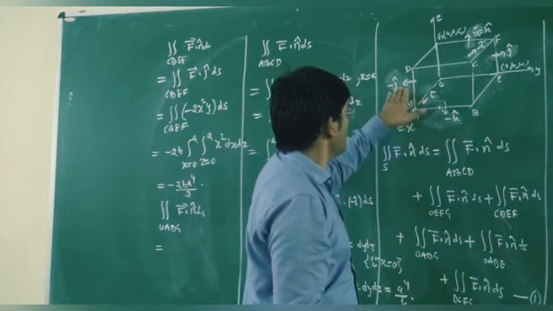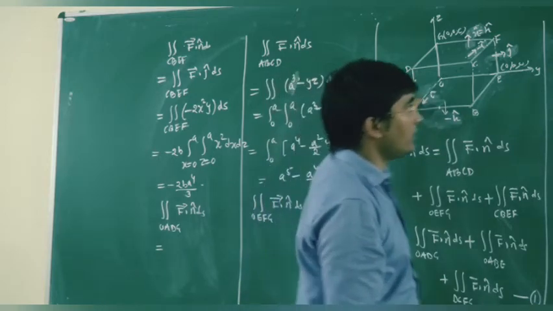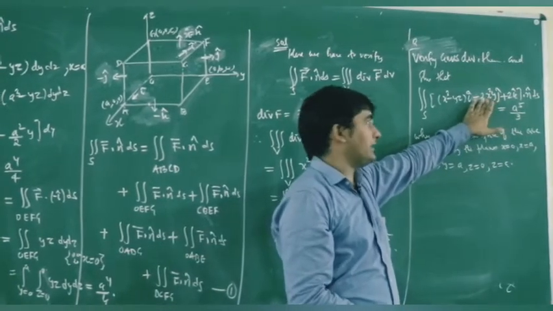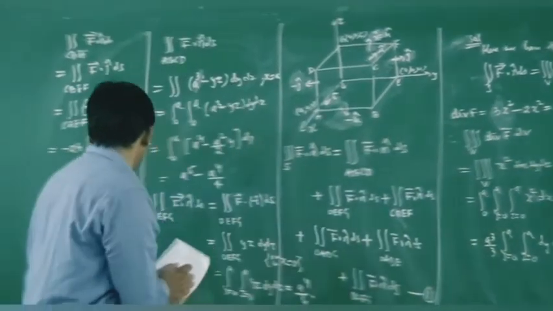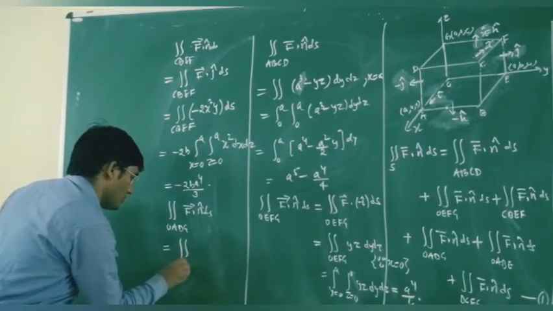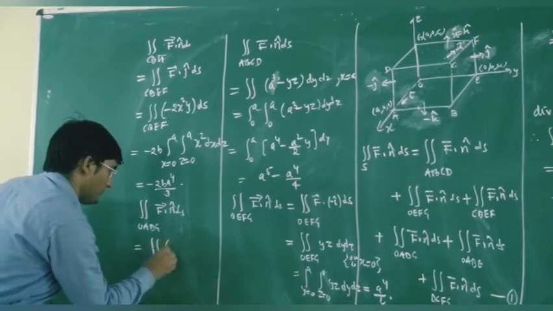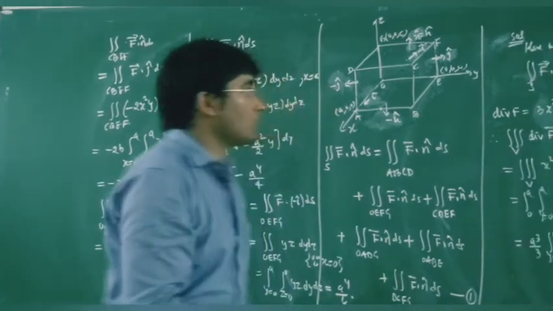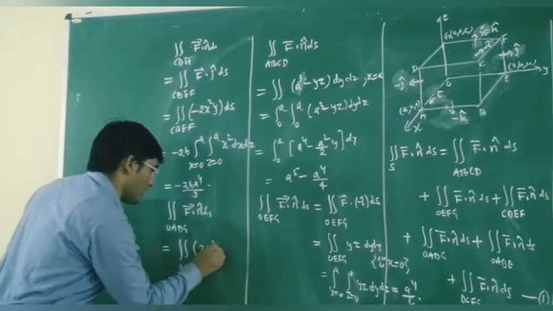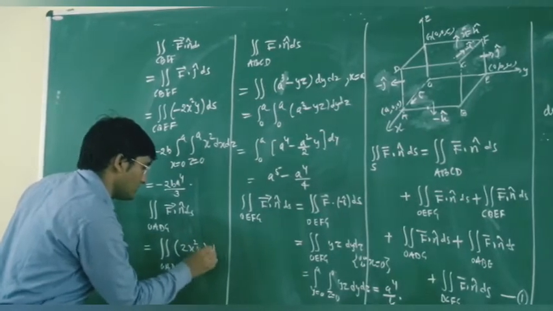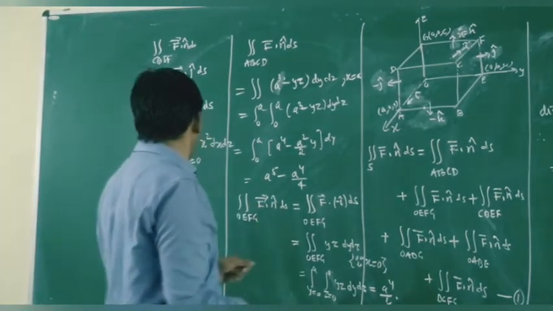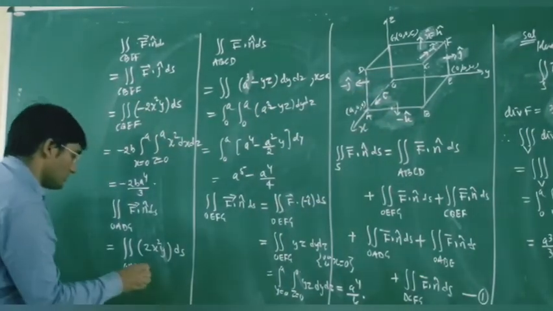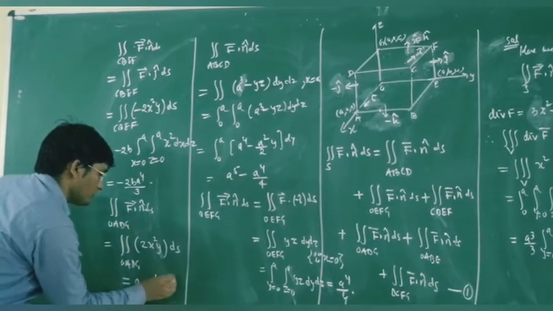Now as y equal to 0 and your outer normal is minus j, f dot n will give you plus 2x square y, then we have ds. Now for this part OADG, as your y is 0, this is equal to 0 because y is equal to 0.